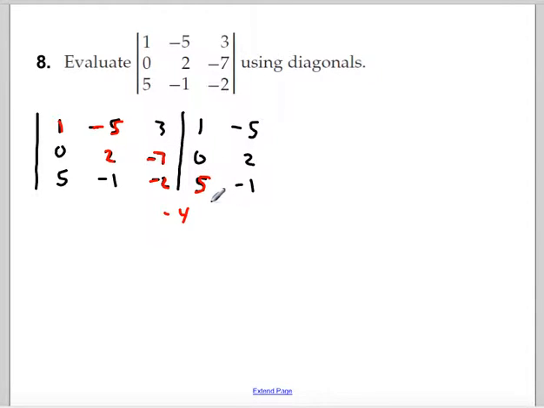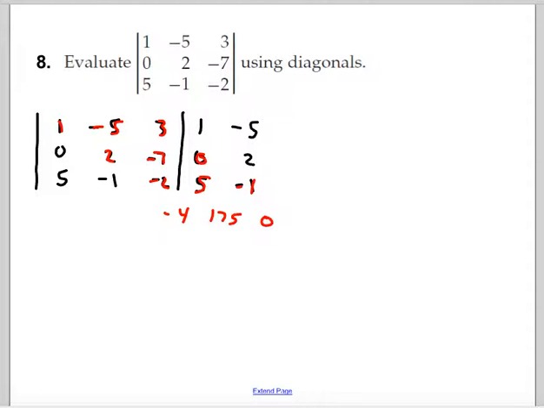If you multiply those, 5 times 7 times 5, negative times a negative is going to give us a positive, so we get 175. And then 3 times 0 times a negative 1 just gives us a 0.